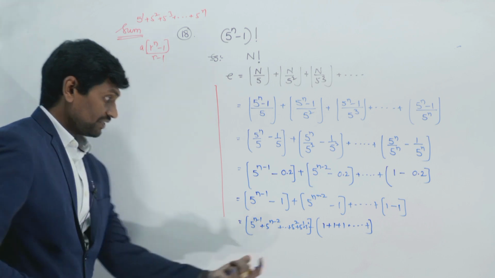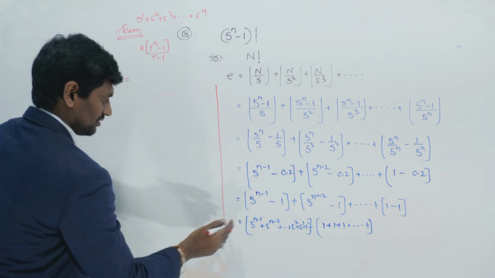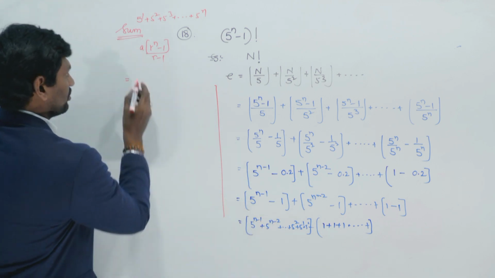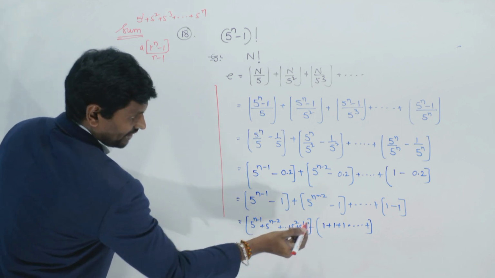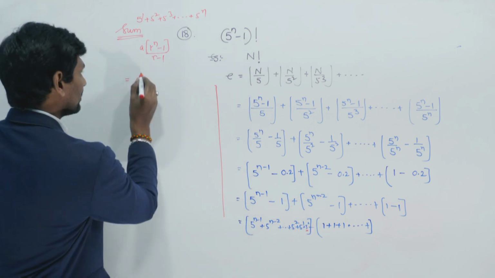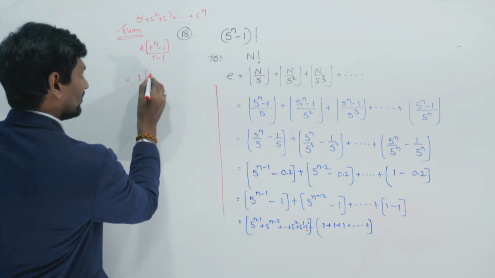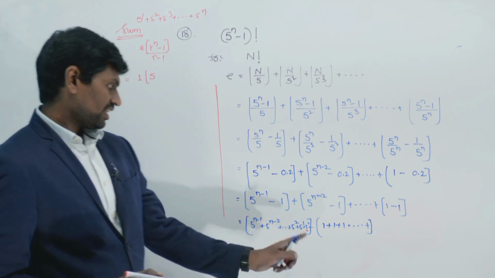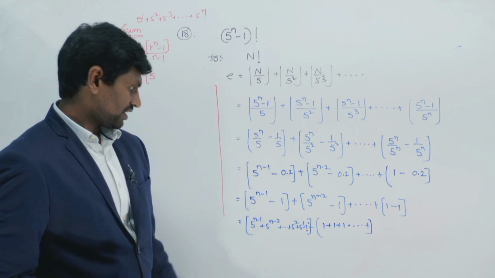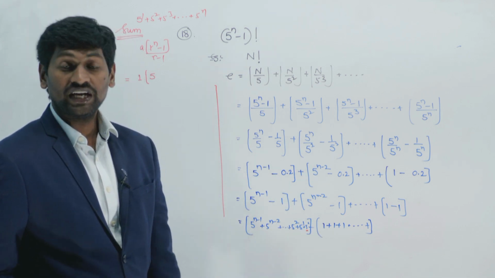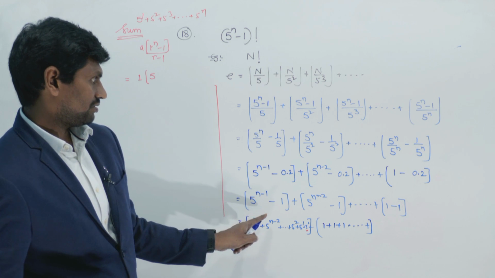For the first term, a value is 5 power 0, which we can take as 1. The r value is 5. How many terms are there? Up to n minus 1, including this, n terms.